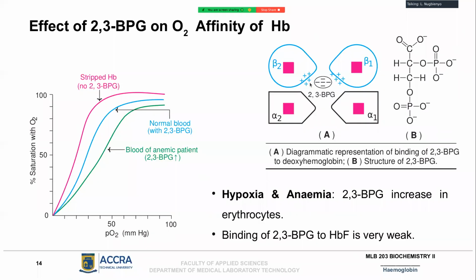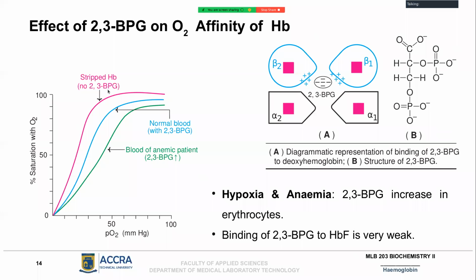So now we come back to the effect of 2,3-biphosphoglycerate on oxygen affinity of hemoglobin. What this molecule does, in fact, you find this molecule 2,3-biphosphoglycerate increasing in erythrocytes in anemic conditions. So now you see this same graph which we were looking at.